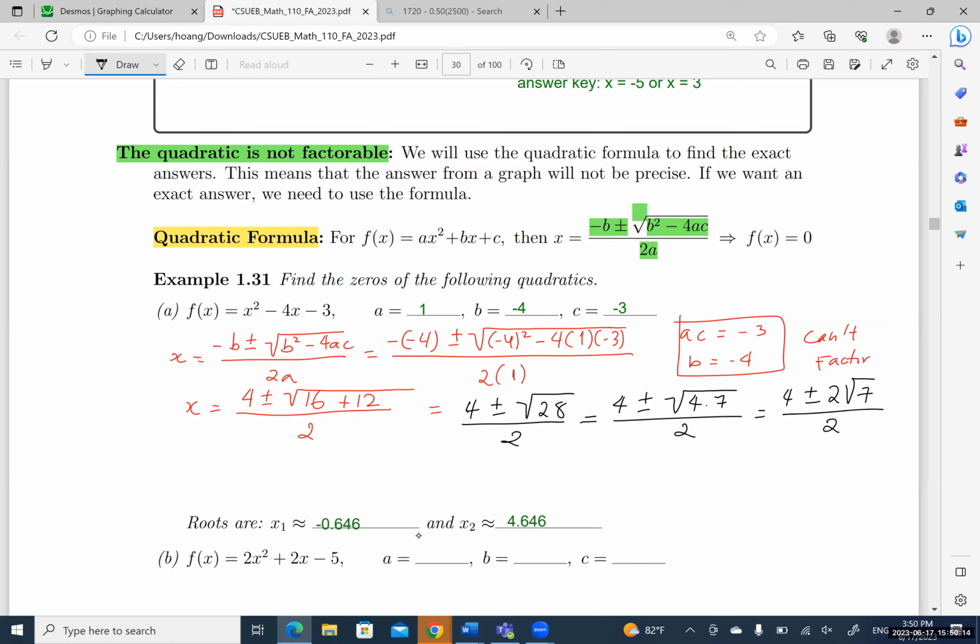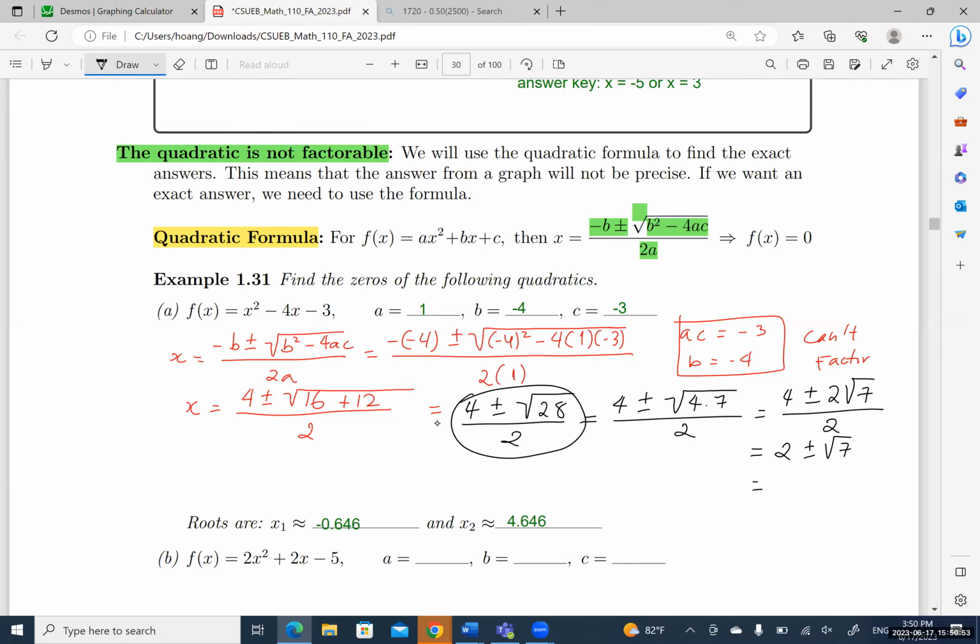And we can just divide by 2 for each term, so it's 2 plus or minus the square root of 7. If you want to write it by hand, you can simplify to here and you get two answers. So x equals 2 plus the square root of 7, or x equals 2 minus the square root of 7.